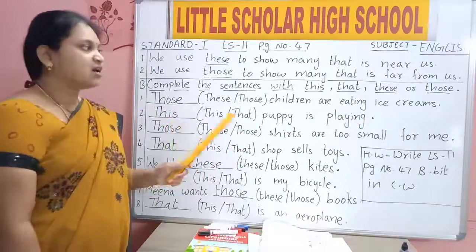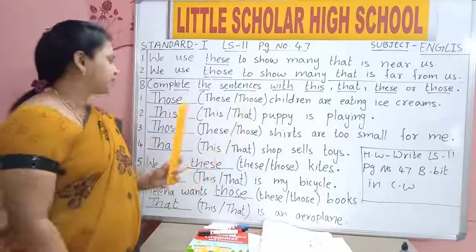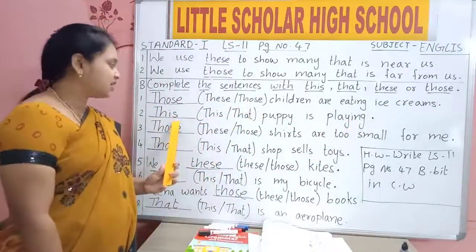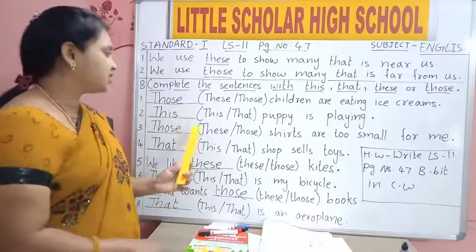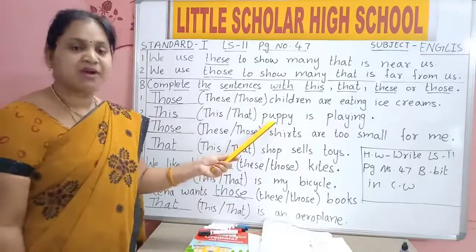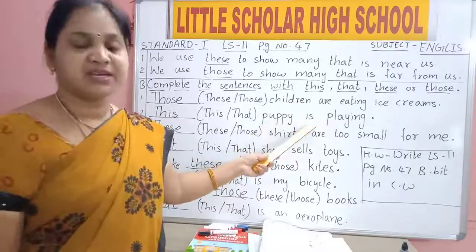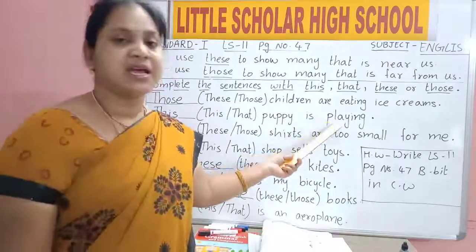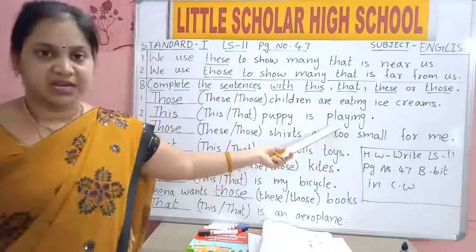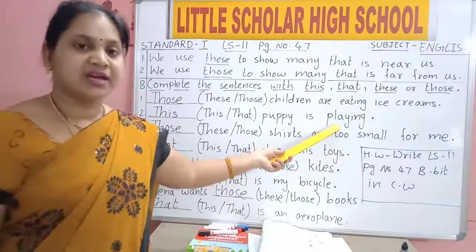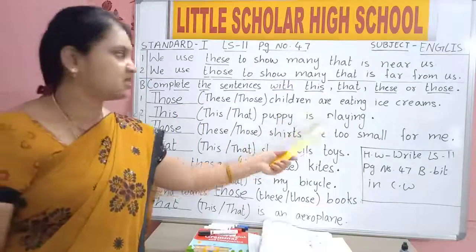Here also ice creams, because many children are there. P-U-P-P-Y, puppy. I-S, is. P-L-A-Y-I-N-G, playing. This puppy is playing.